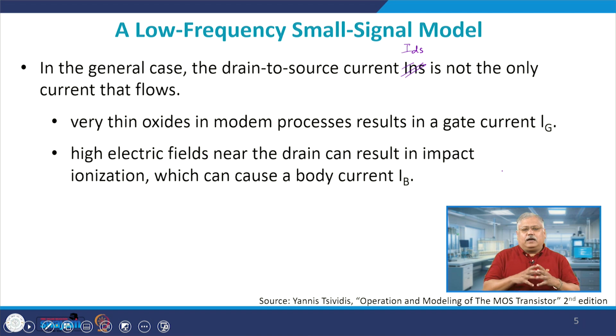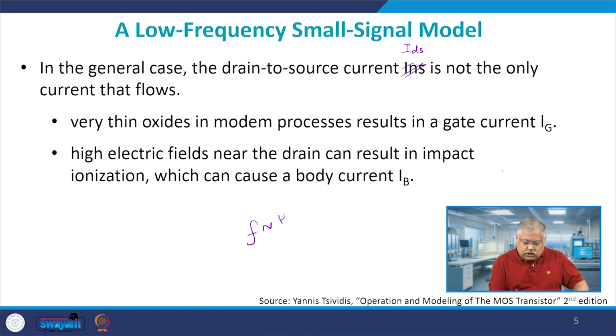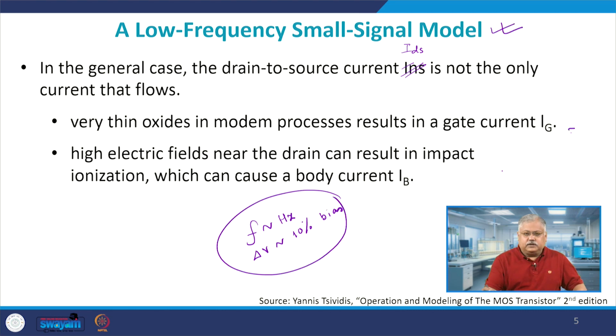At low frequency, when the frequency is very small, of the order of a few hertz, and your signals del V are of the order of a few 10% of the bias points, if you maintain these two conditions, we come to this low frequency small signal model.